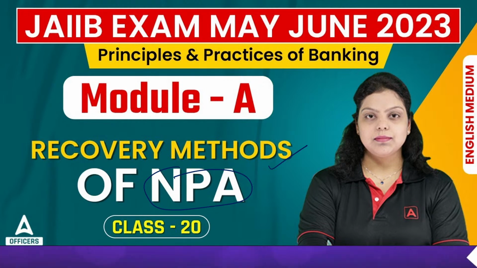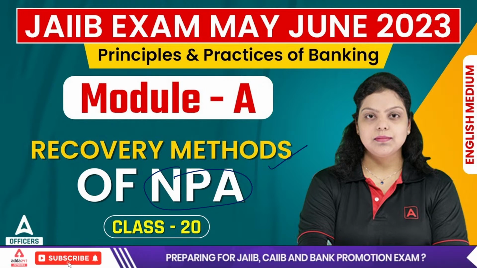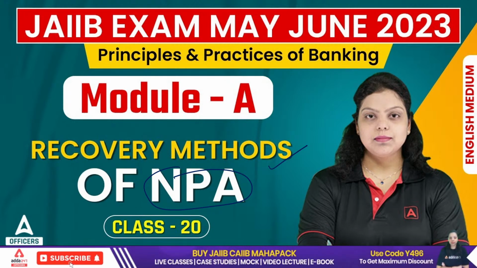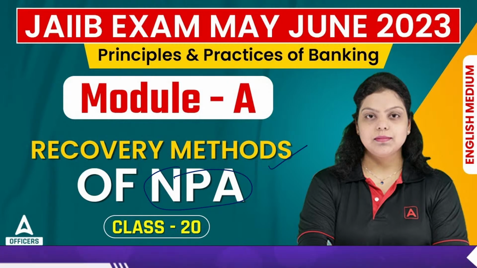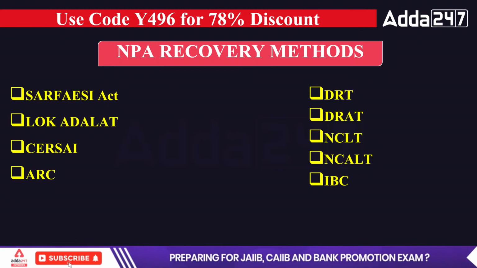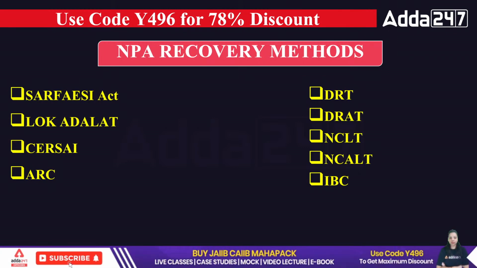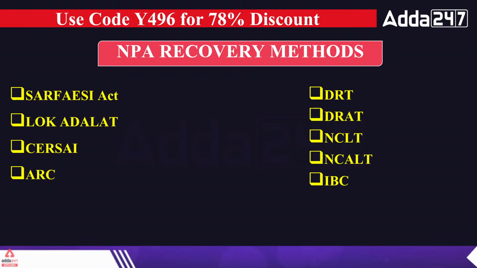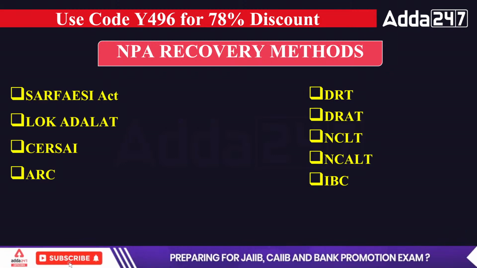And when the customer is not paying the principal or interest amount to the bank for a particular period of time, that will be known as NPA. So NPA is simply a non-performing asset. It's a kind of credit facility provided by the bank to customers on which the customer is not paying the principal amount and interest amount for a particular period of time, that will be known as your NPA.